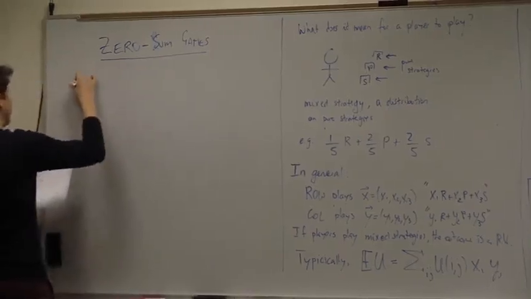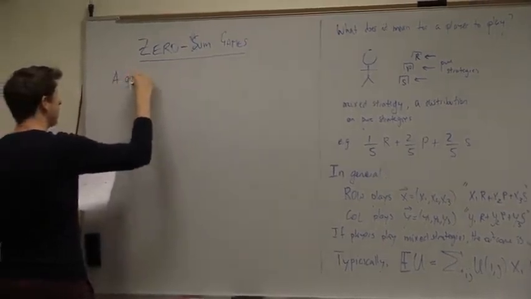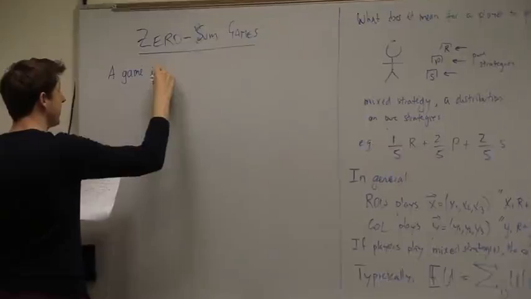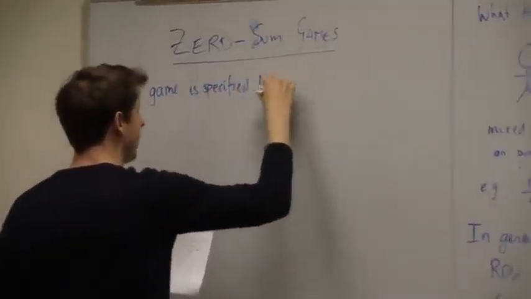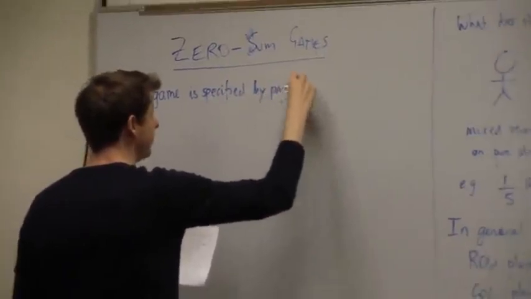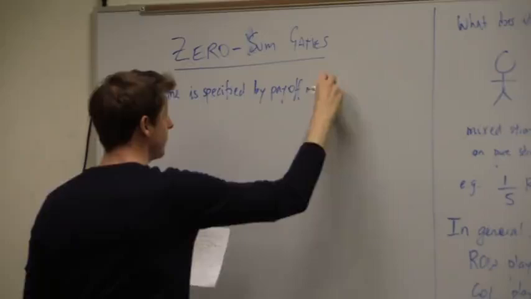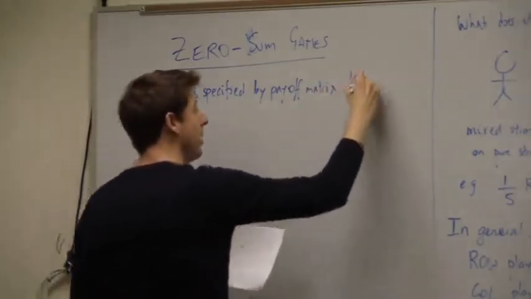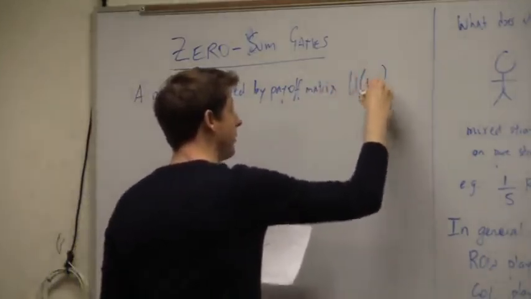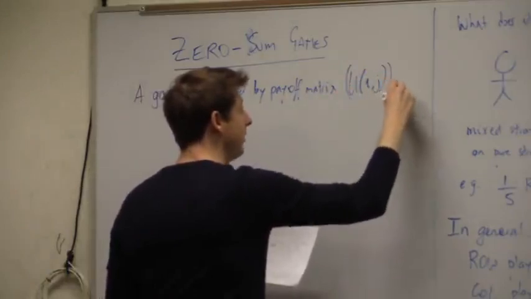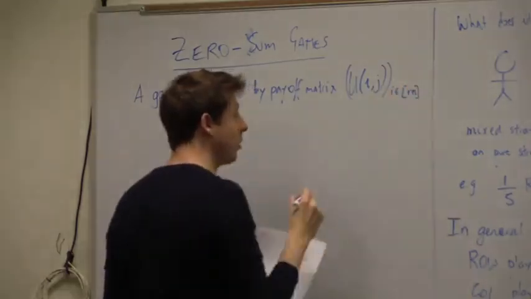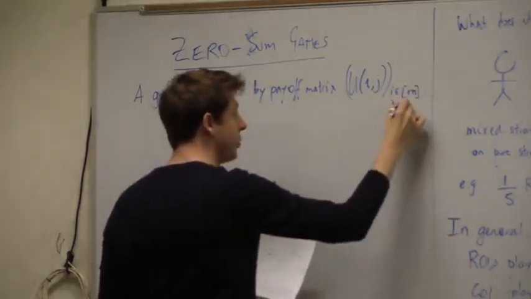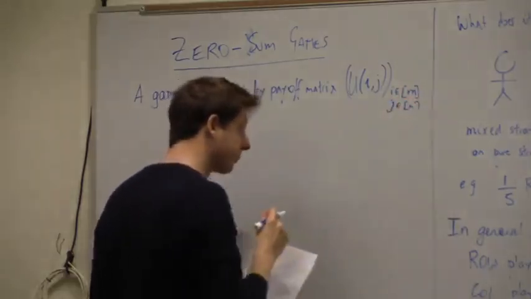All right, so a game now is specified by the payoff matrix U. So you have some number m of rows and some number n of columns.